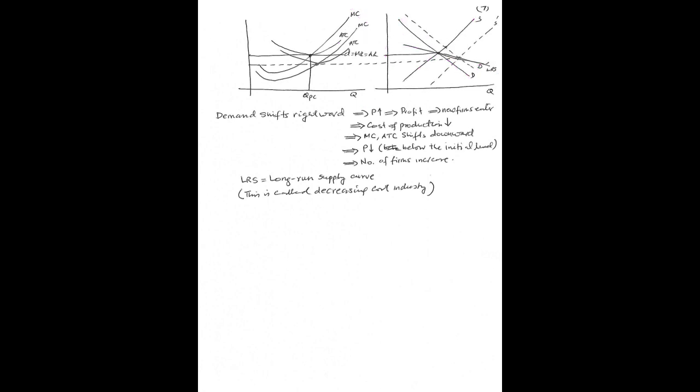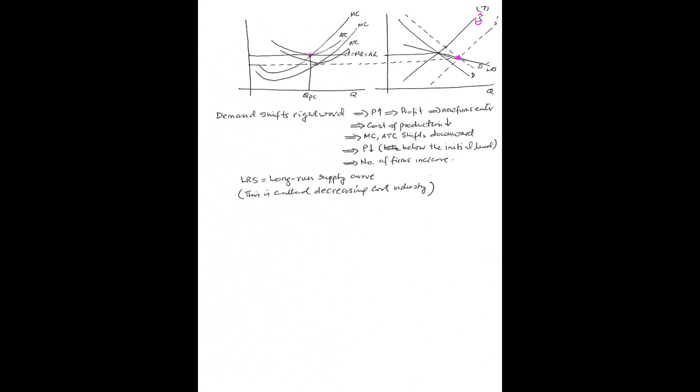So if I shift these MC and ATC curves downward, then this supply curve will continue to shift so that the new intersection point between the new supply curve and new demand curve, that is this point, must be the minimum of the new average total cost curve. Not this average total cost curve, but this average total cost.